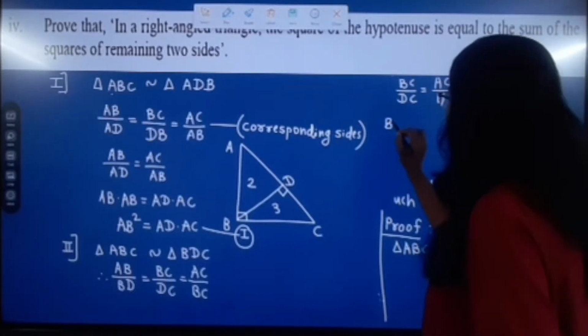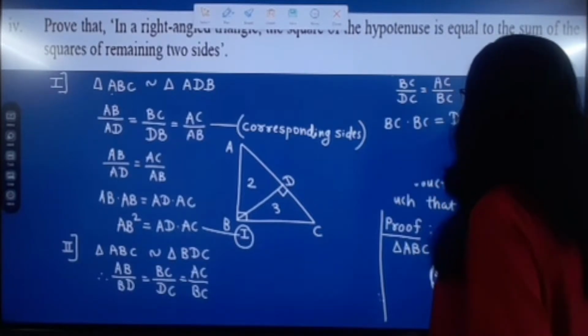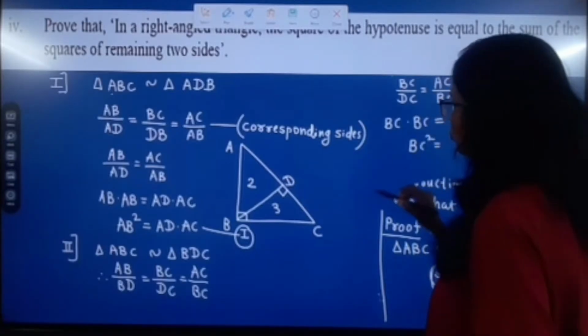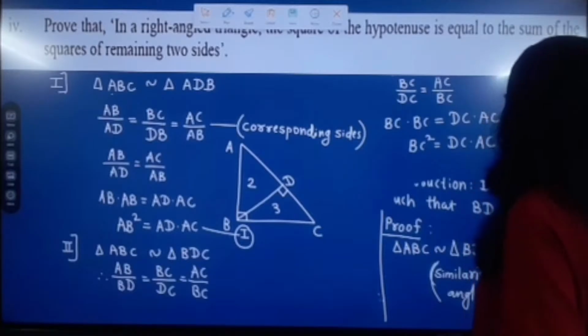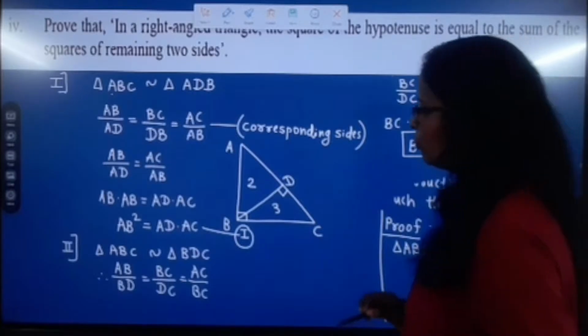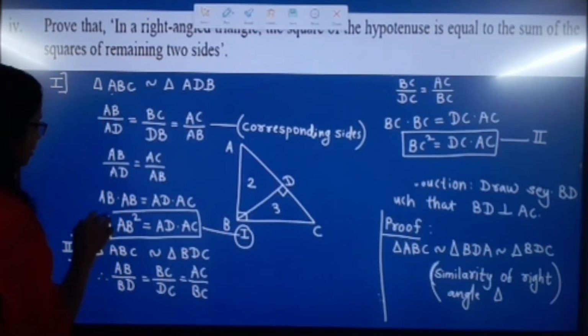So BC multiply BC is equal to DC multiply AC. So BC square is equal to DC multiply AC, and we call it the second equation. And here is the first equation, students.